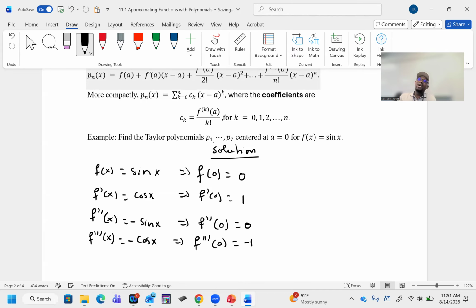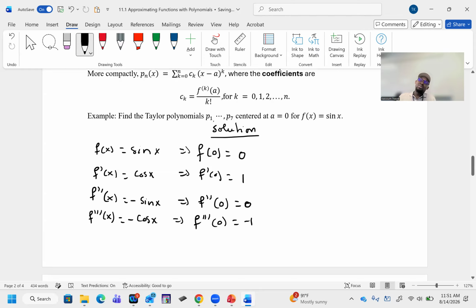So you see, we will follow this pattern, right? After this one, we come back. The fourth derivative will be sine x. The fourth derivative of f of 0 would be 0.